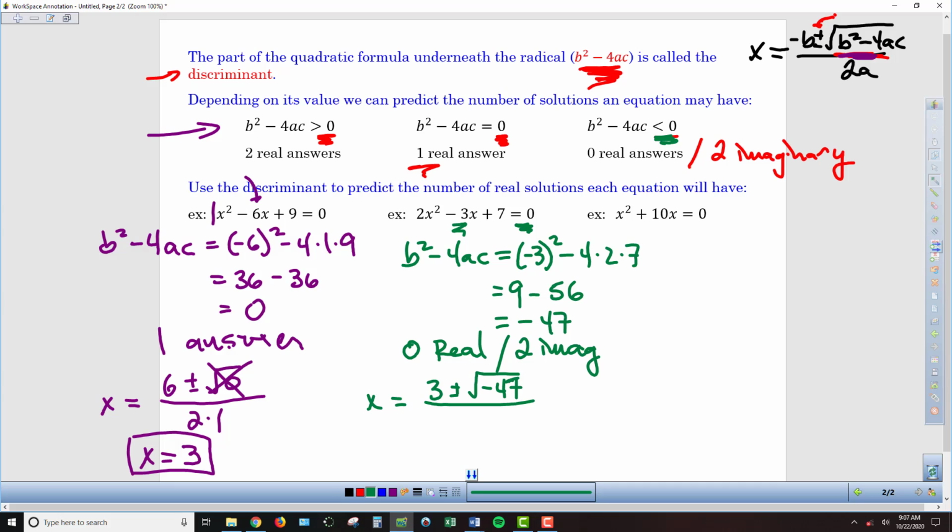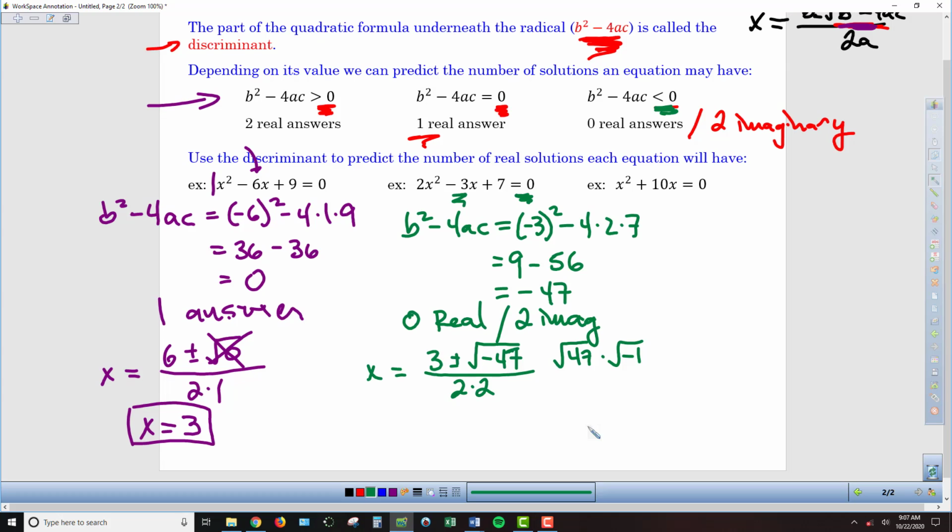It's just we're doing that part of the formula in advance. And then in the denominator we've got 2 times a, so in this case that's 2 times 2. So with the square root of negative 47, we have experience with this, so we have to separate that root negative 1. So I think of this as root 47 times root negative 1, and then of course root negative 1 gets swapped out for i, and then root 47 can't be simplified at all.